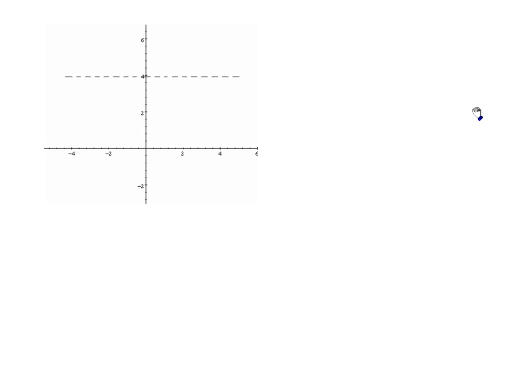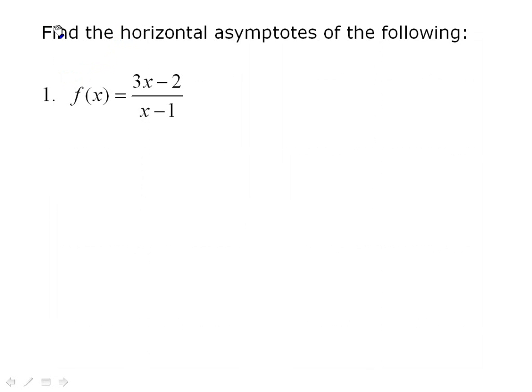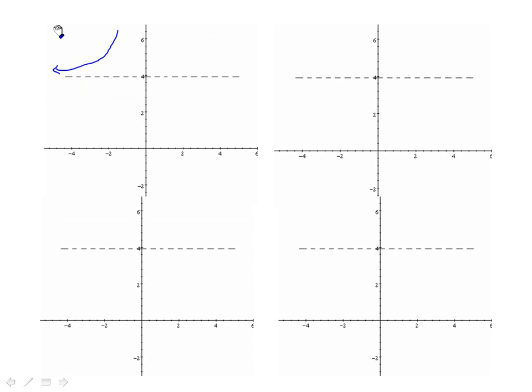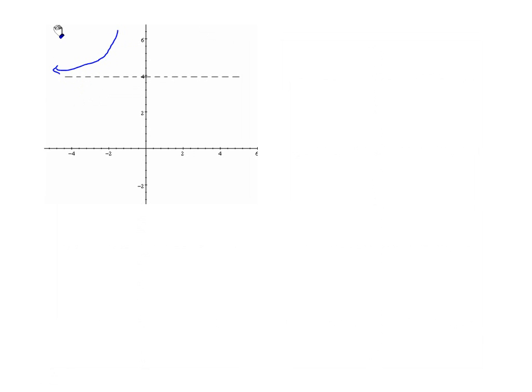Now, to illustrate some of this, if we looked at this diagram, there's a few scenarios that you can imagine. I've got a line drawn in at y is equal to 4. Here's a possibility: as x decreases without bound, we're approaching y is equal to 4.